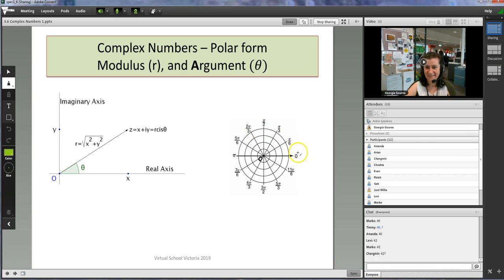These are going anti-clockwise. And also the argument is anti-clockwise as well, but it starts from negative pi and goes anti-clockwise. It has a different reference point, if that makes sense.